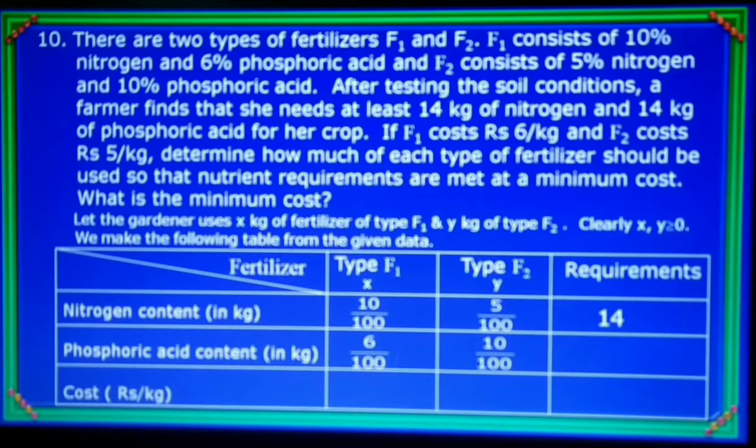Requirement: at least 14 kg of nitrogen content and at least 14 kg of phosphoric acid. Cost per kg of type F1 is 6. Cost of type F2 per kg is rupees 5.